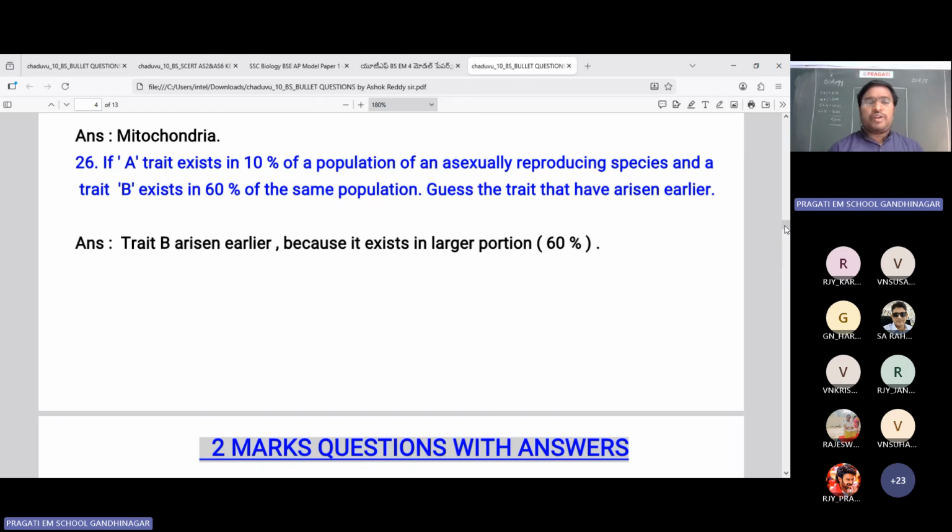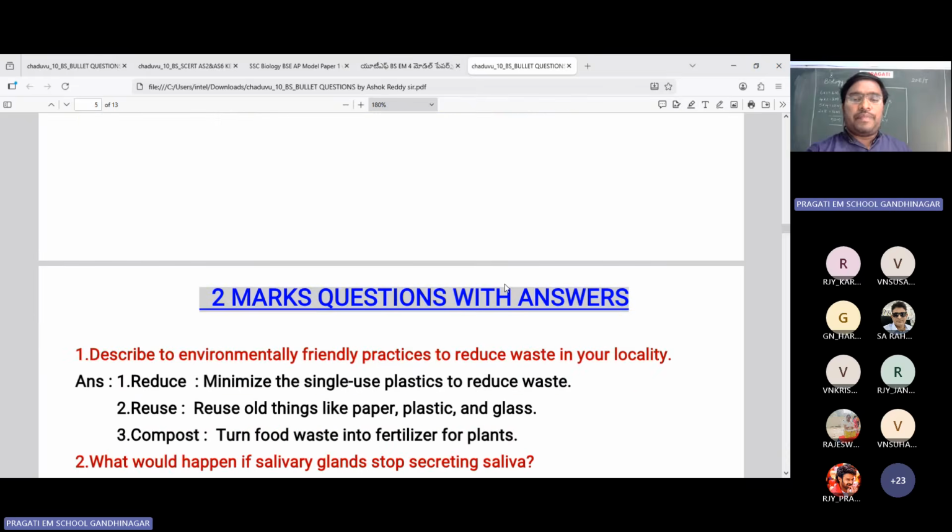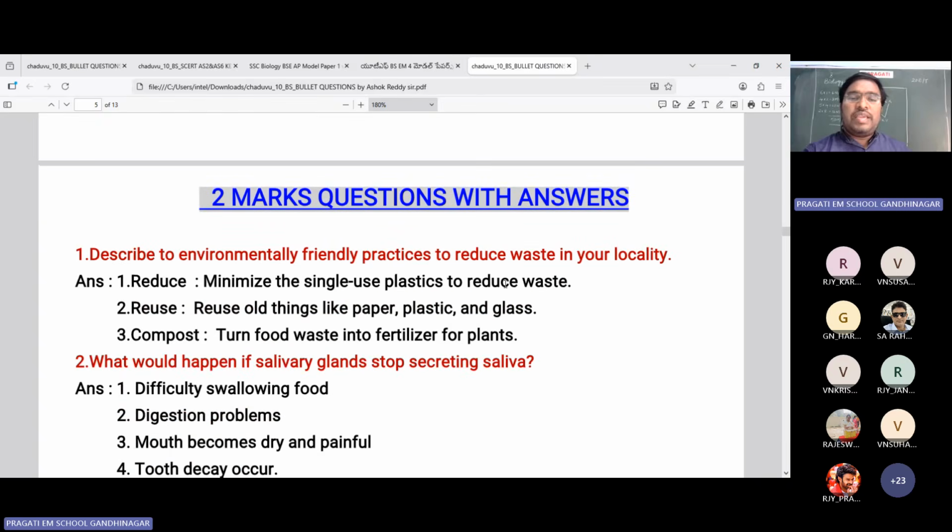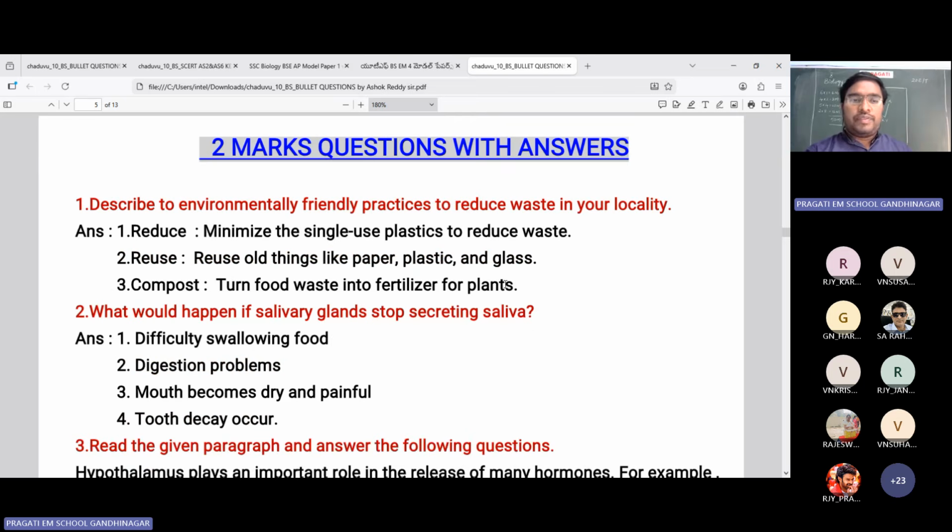This is also one of the repeated questions. You know this answer. Trait B arisen earlier because it exists in a larger portion, that means 60%. Basing on genetical information and heredity, we can conclude that trait B.